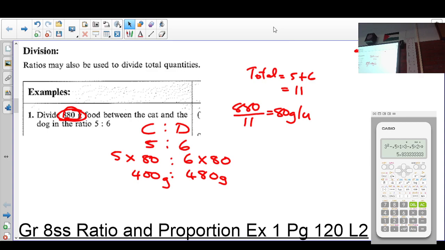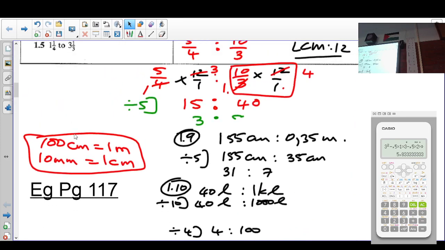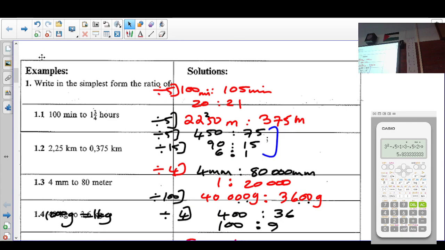Is there any questions? Yes. If you simplify it, what do you think you're going to get again? 6:5. When you simplify that, you will get that. But what is the question? In the previous sums, we were asked to write the ratio in the simplest form.